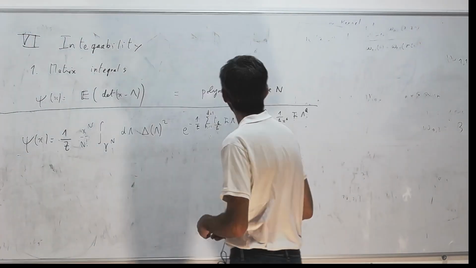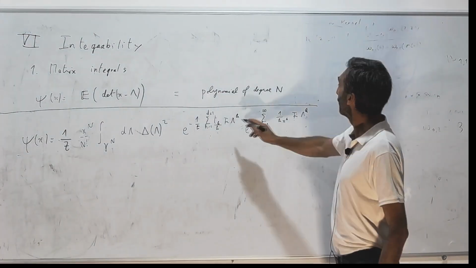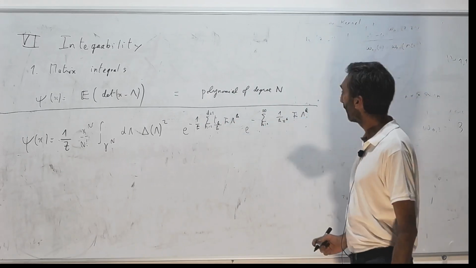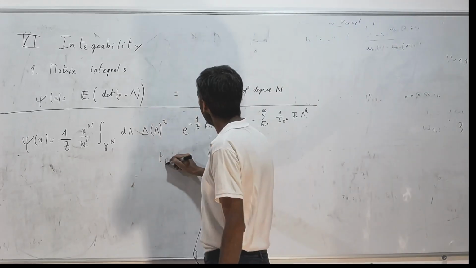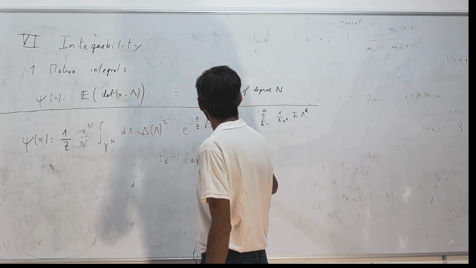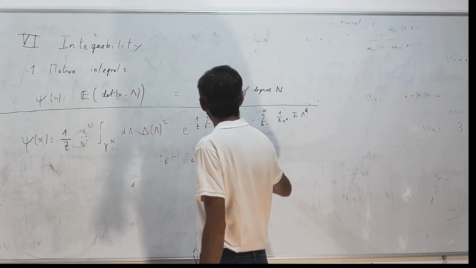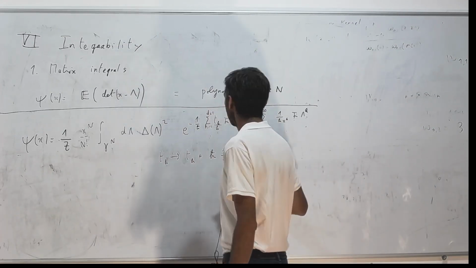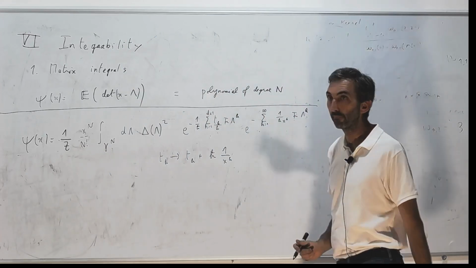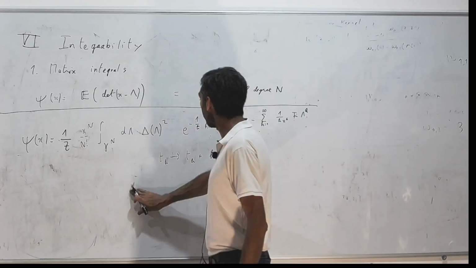Let's put these two terms together, and you see that somehow it corresponds to changing tk to tk plus h bar 1 over x to the k, for every k.